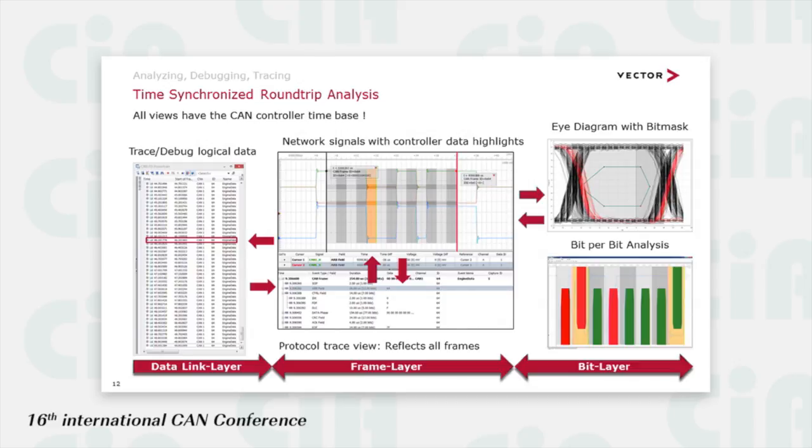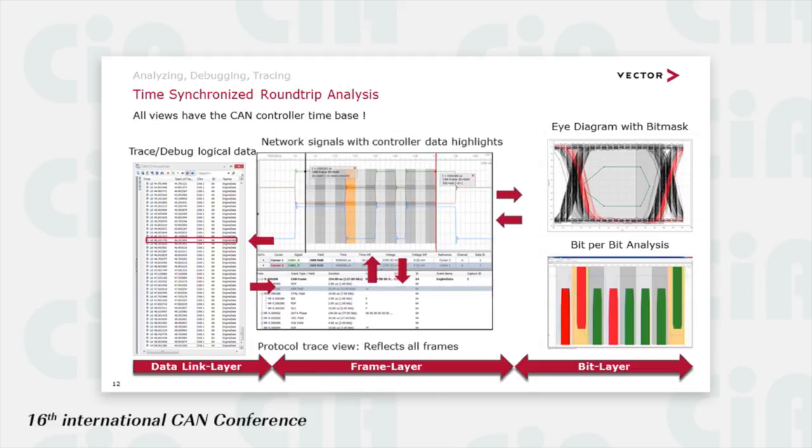At the moment there's no specification for CAN or CAN-FD bit mask, so it's a polygon you can freely define. It serves as a fit criteria so you can determine the quality of your signal. And if you see the bit signals cross the bit mask, they will color red because they indicate an error case.